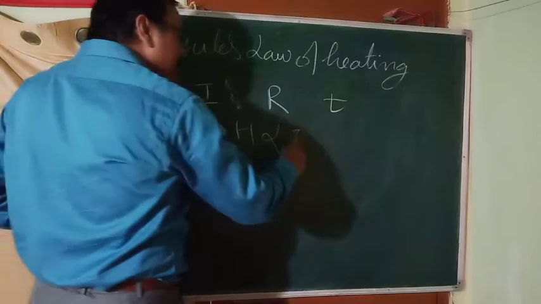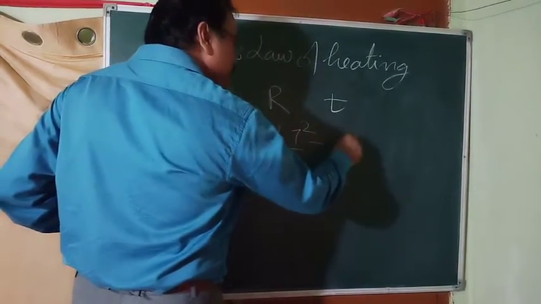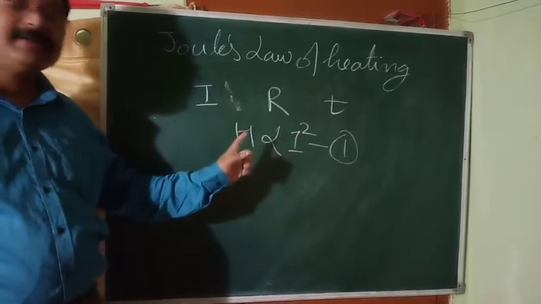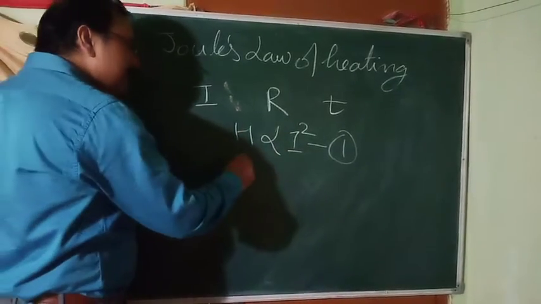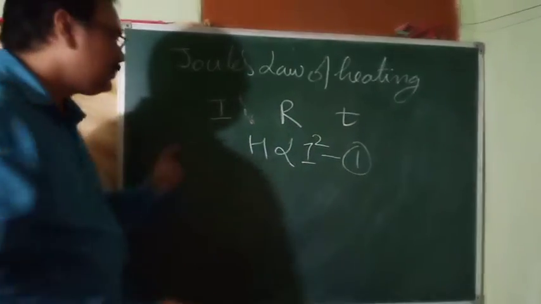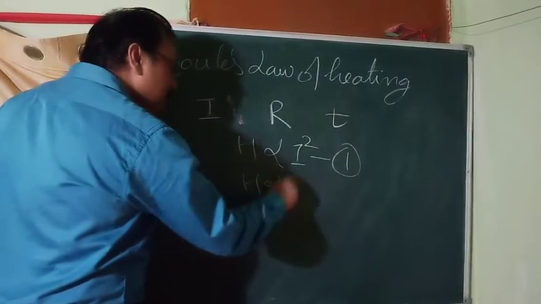That is what we can write: H is proportional to I square. This is observation number 1. And the second one is, heat is directly proportional to resistance. That is, H is proportional to R.